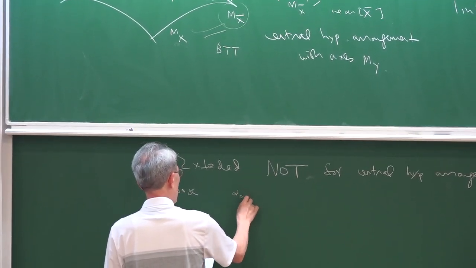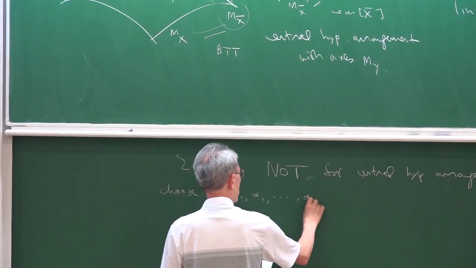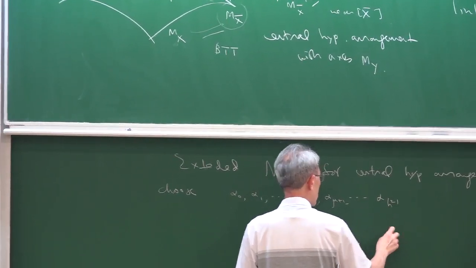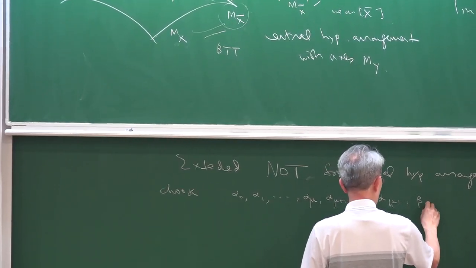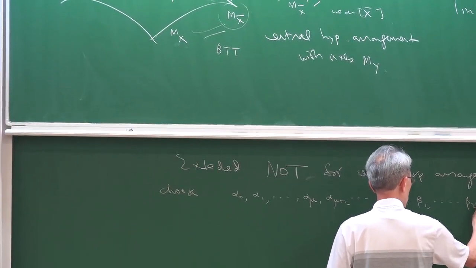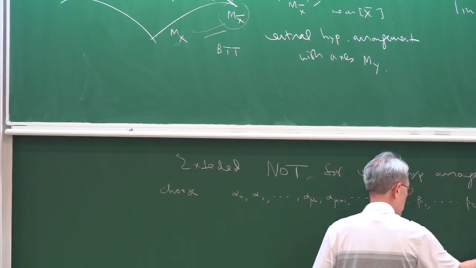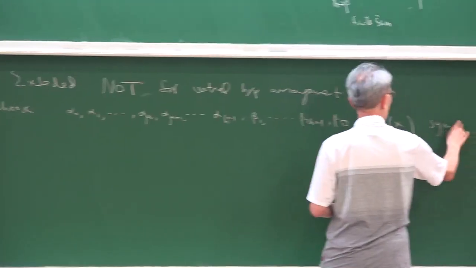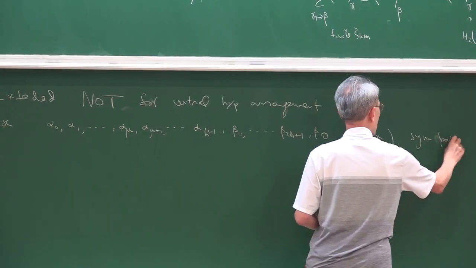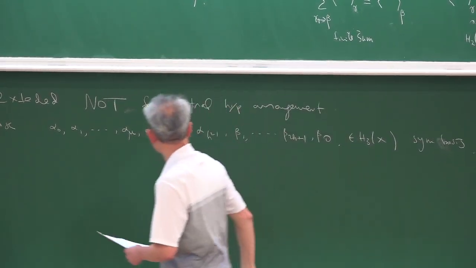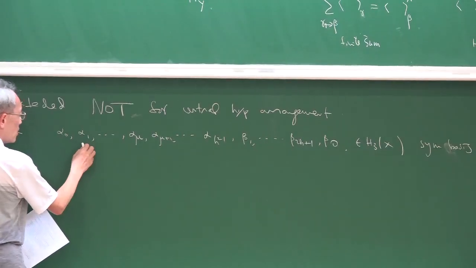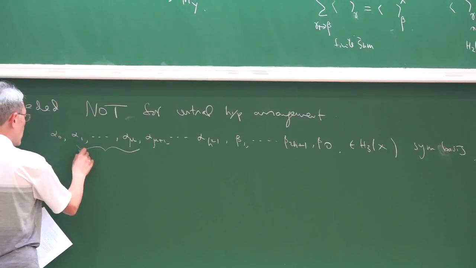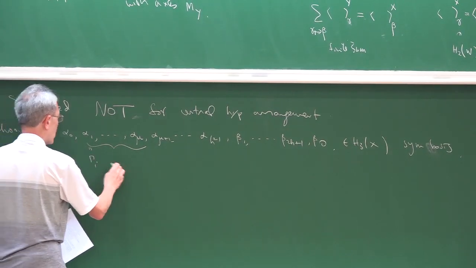There's alpha 0, alpha 1, and alpha mu plus 1 to alpha h21, and beta 1 to beta 2h plus 1, and beta 0. That's a symplectic basis. Yeah, and we purposely choose the first mu terms to be a basis of the Lagrangian cycle.